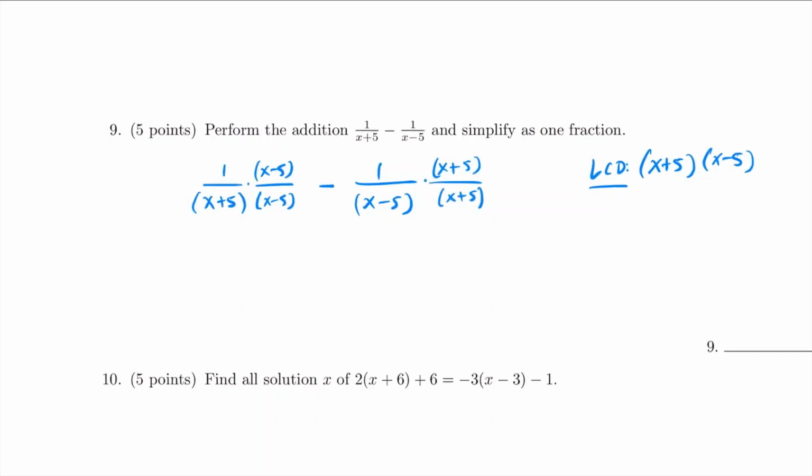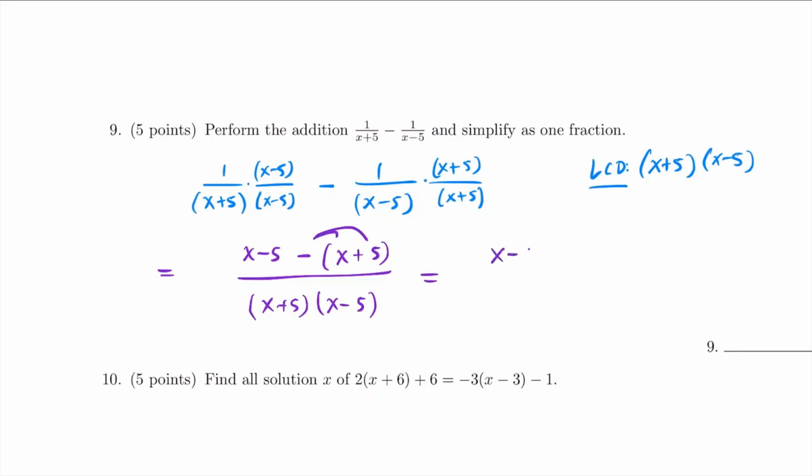And now we can join them since they have the same denominators. So the first one, 1 times x minus 5, that's simply x minus 5. The second fraction, be careful with the negative. This is minus x plus 5 over x plus 5 times x minus 5. And here we're going to distribute the negative out to combine like terms on the numerator.